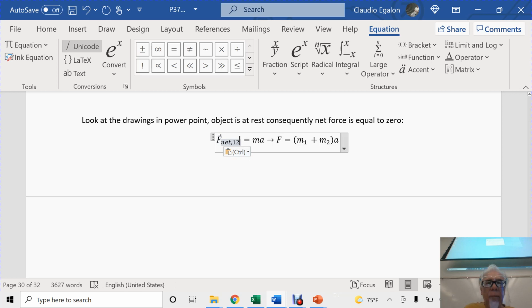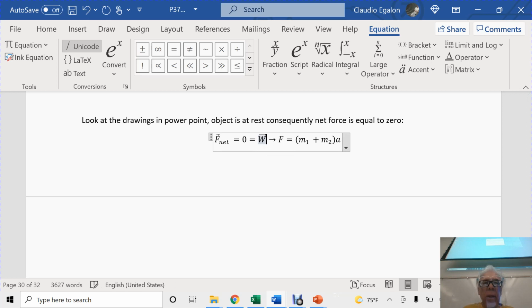Okay, net force is equal to 0. Which by the way ends up being what? The weight, the normal, and the frictional force.